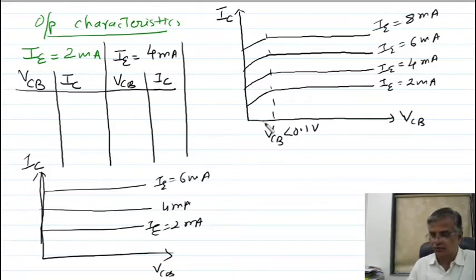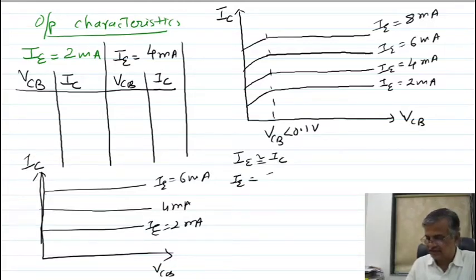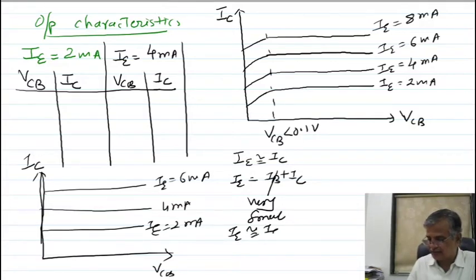So what this graph shows, already you know that the ammeter current is nearly equal to collector current. Why? Because ammeter current is nothing but the base current plus collector current. The base current is very, very small. So we are writing ammeter current is nothing but the collector current.